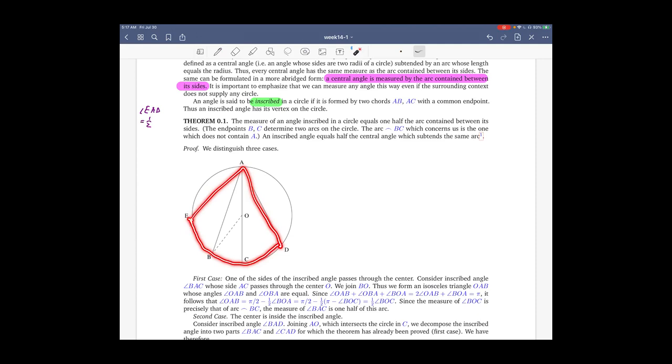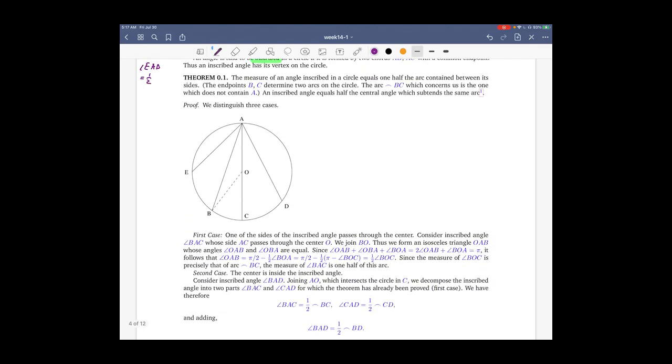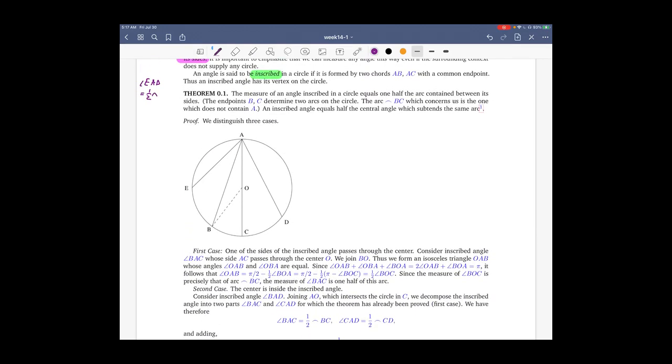So that's the arc EBCD. Arcs will be denoted by this symbol, EBCD. Likewise, say the angle BAC, which is inscribed, is half the arc BC.